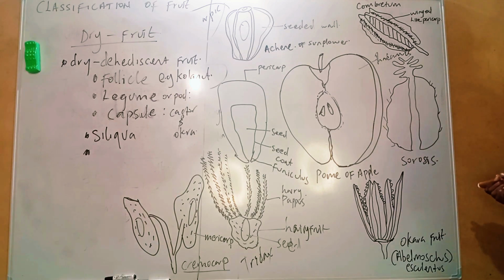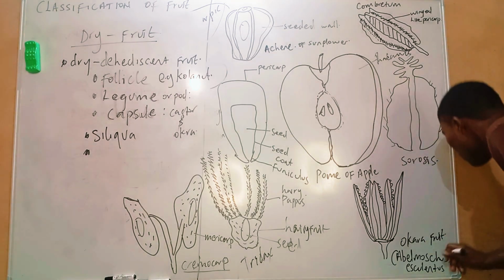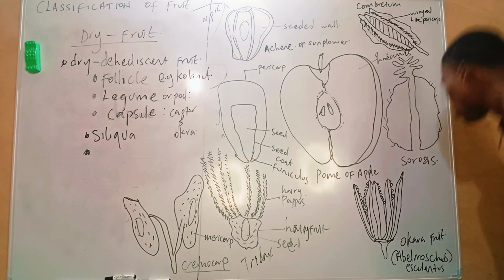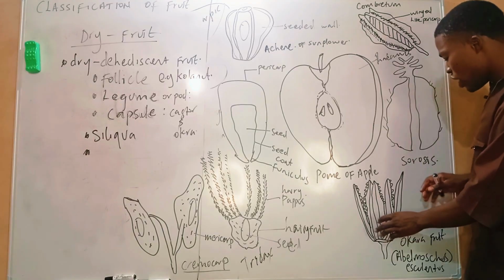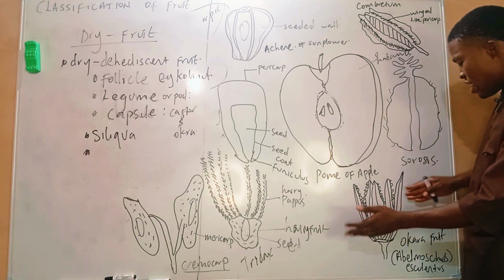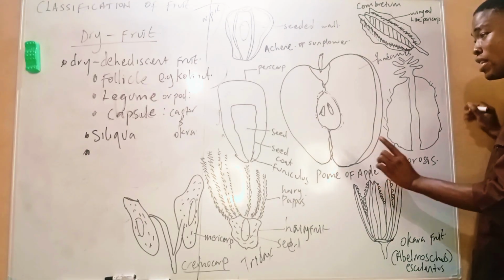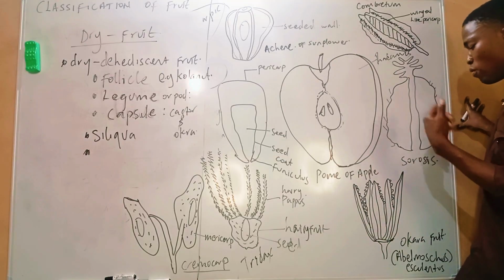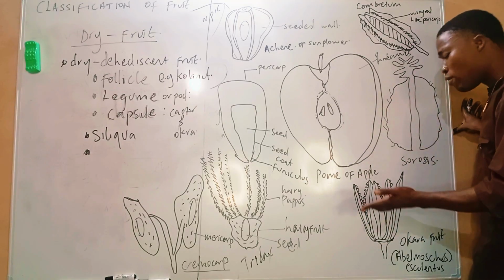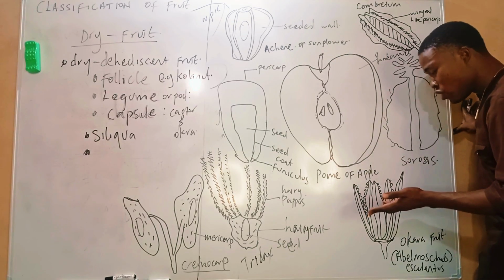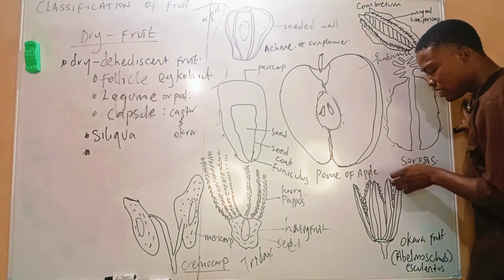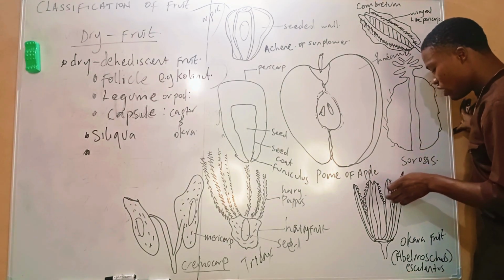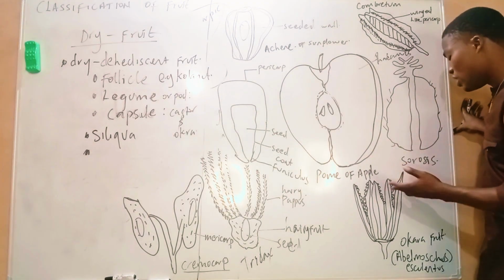This is the okra, Abelmoschus esculentus. The okra is many-seeded, usually with an apocarpous pistil in many cases, but the pistil is not really necessary now.